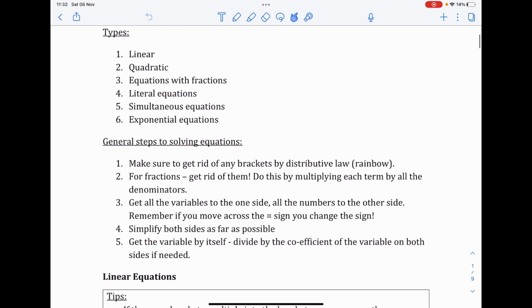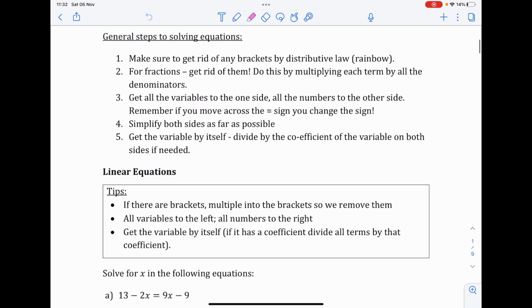Before we start, the general steps to solving equations. So you first want to get rid of any brackets by distributive law, which is when you rainbow into a bracket. For fractions, you also want to get rid of fractions. So you do this by multiplying each term by all the denominators.